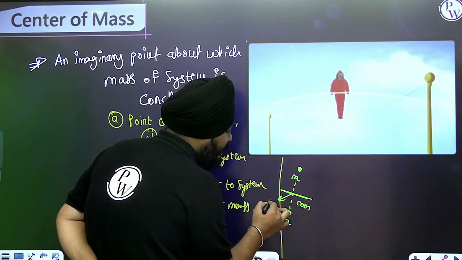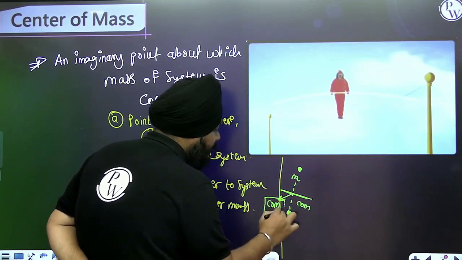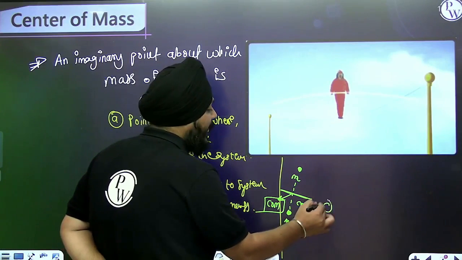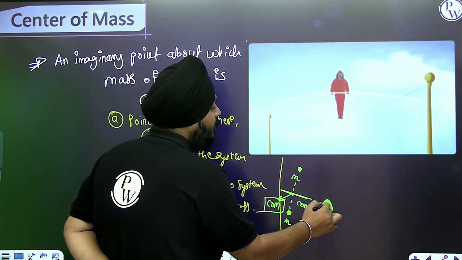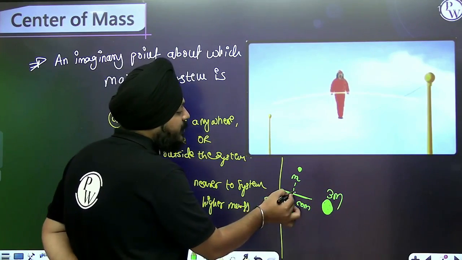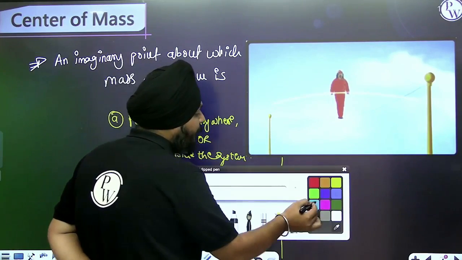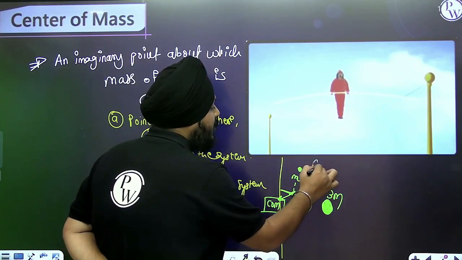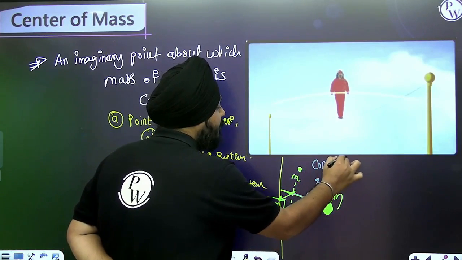This is the center of mass of the 2 particles. But suppose a giant particle of 3m comes here. Immediately the center of mass is going to shift towards the higher mass side. This will be the center of mass of the system.